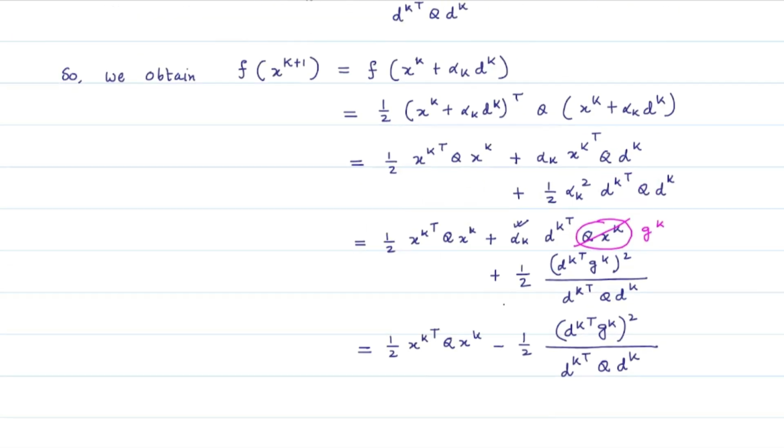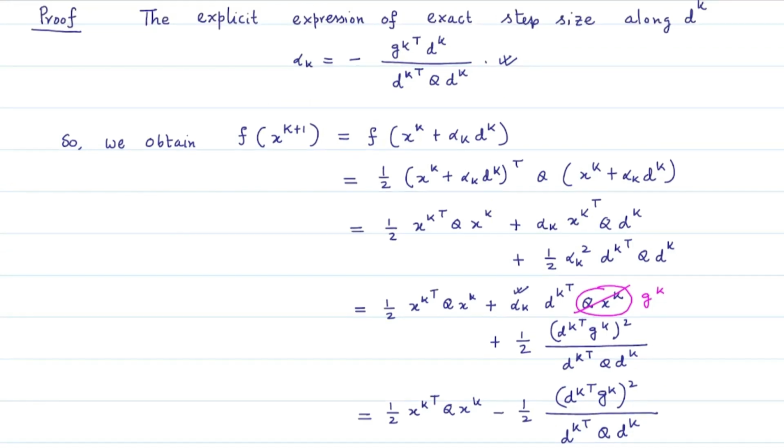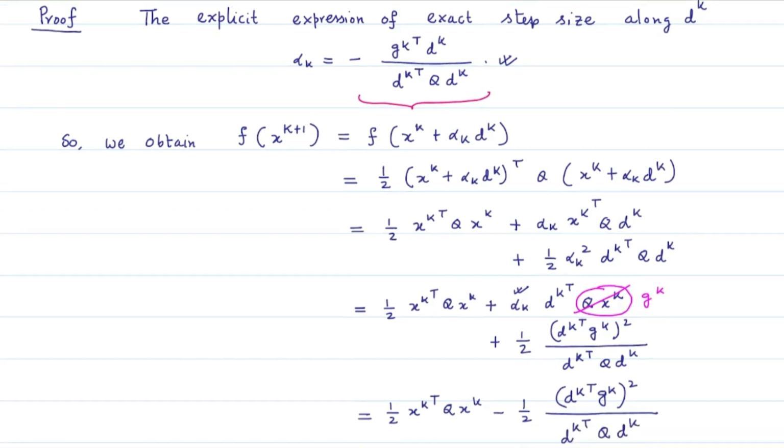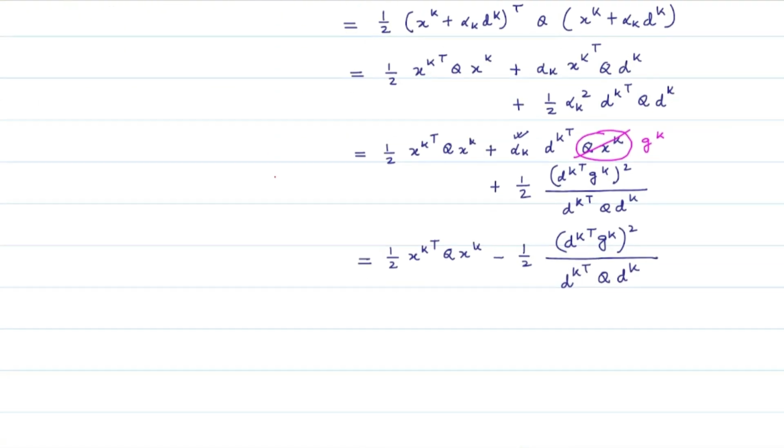So for any general direction d_k, we see that the expression of alpha_k is given by this expression, once we consider the step length to be taken by the exact line search.